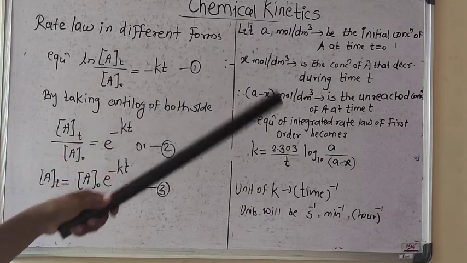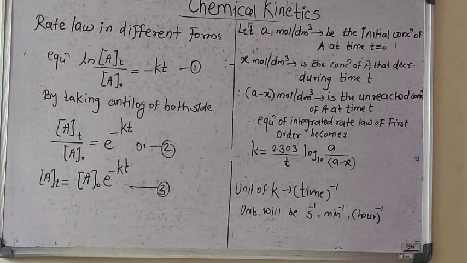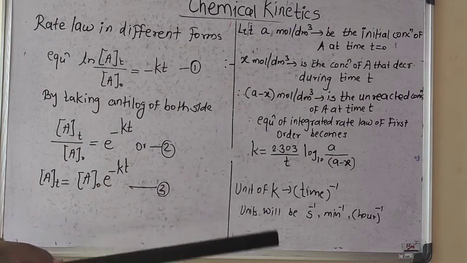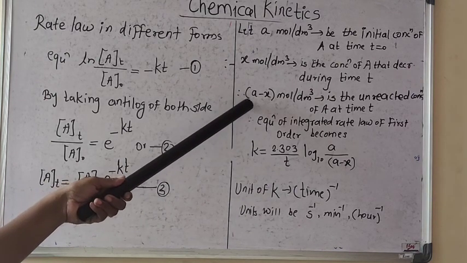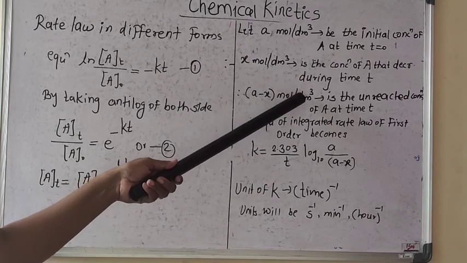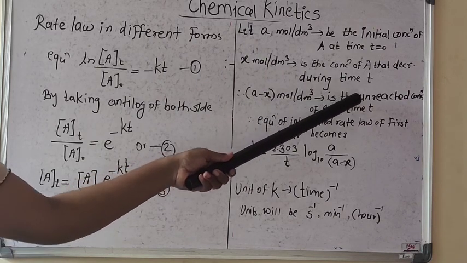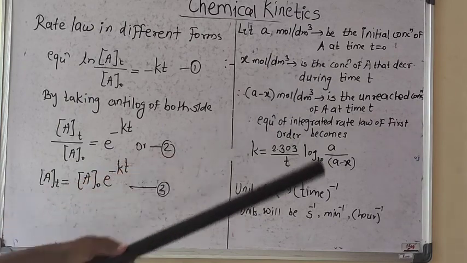So at time t, the unreacted concentration of A is given by a minus x mole per dm cube.